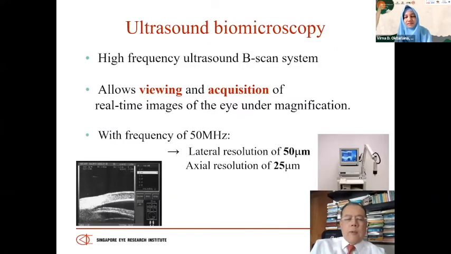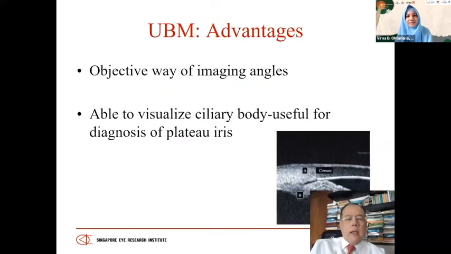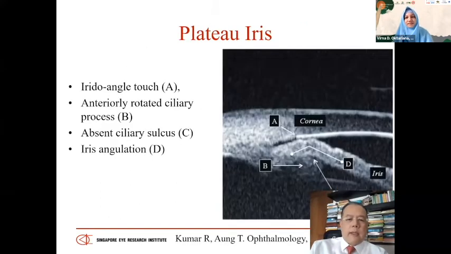And the older imaging method included the ultrasound biomicroscopy, which obtains images with 25 to 50 micron resolution and in real time. The UBM is an objective way of imaging the angles and is also very useful for imaging structures posterior to the iris, such as the ciliary body.